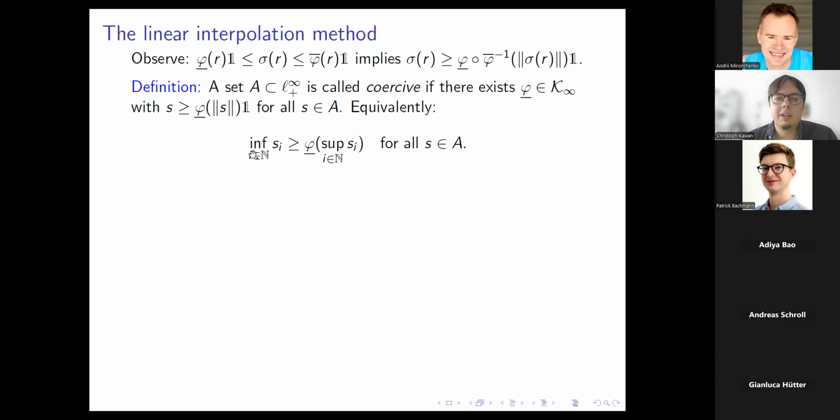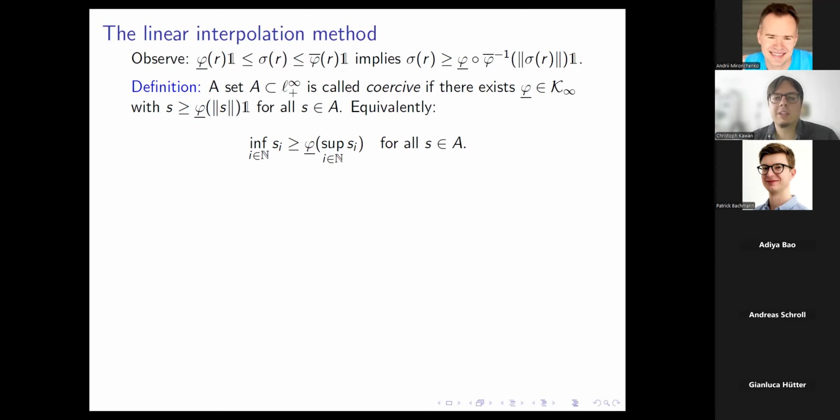I can write it in that way, since this inequality holds component-wise. So for every component, I can take the infimum on the left-hand side over all components, and I see that this is bounded below by the K-infinity function applied to the supremum. So this inequality basically means that when you range over the whole set A, if you look at all the vectors, then there cannot be too much variation in the components.